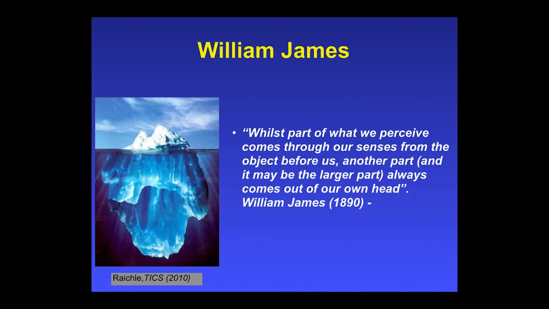And so I always like to have this quote. Way back in 1890, William James, the very famous psychologist, pointed out, way long ago, what we're just recognizing now: that part of what we perceive comes from the senses or the objects in front of us. Another part, and it may be the larger part, always comes out of our own head, okay? So this is the spontaneous brain activity I'm talking about.